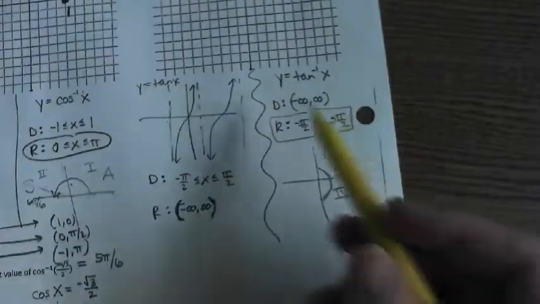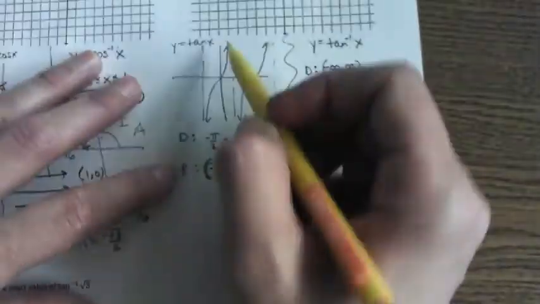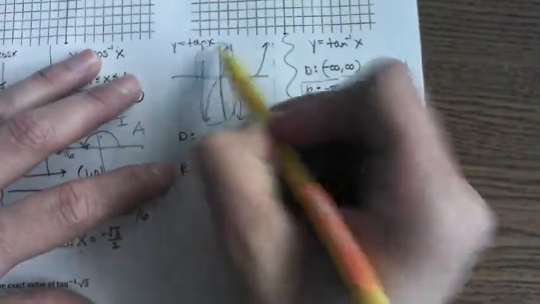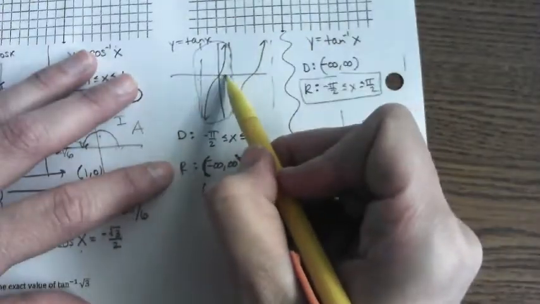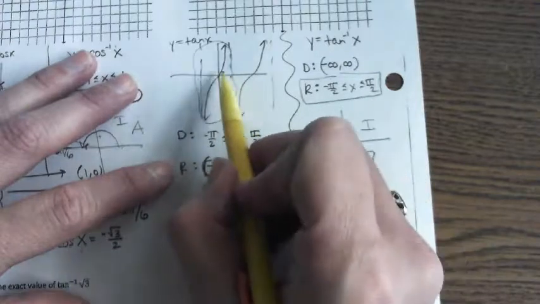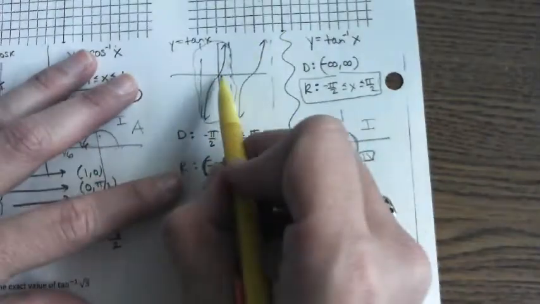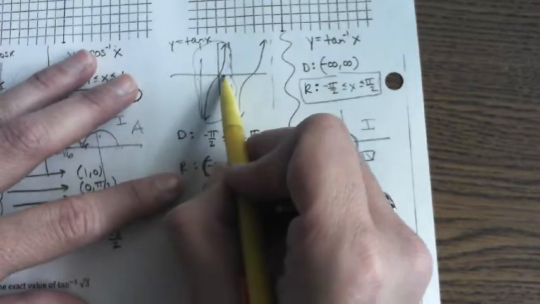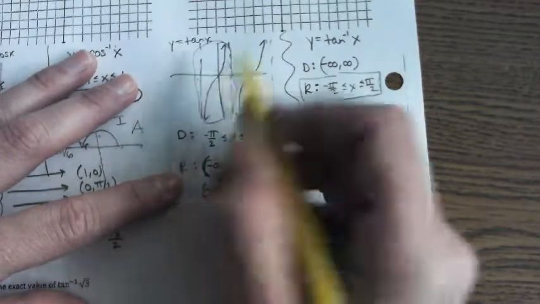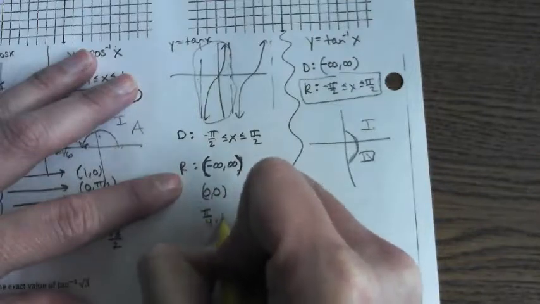But before we graph this, what are our critical points within this section? 0, 0's the obvious one. Could you give me at least one more to the right and one more to the left? What's halfway between 0 and this asymptote? Pi over 4, and what's the output for the tangent of pi over 4? 1.